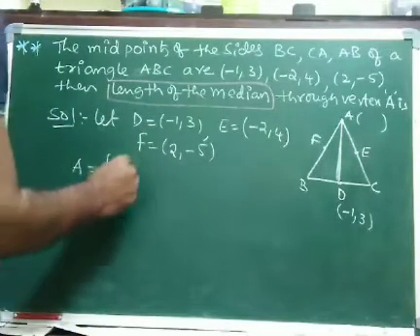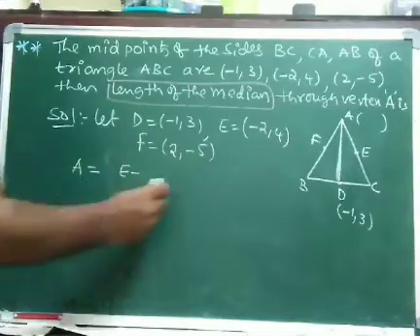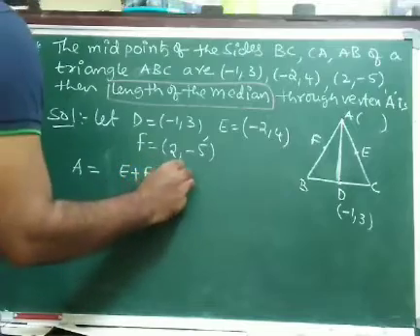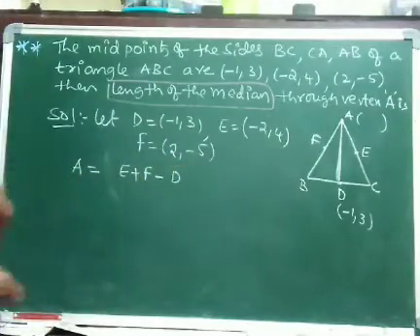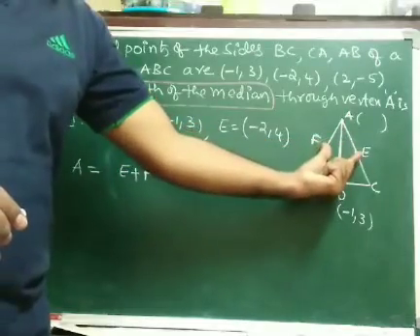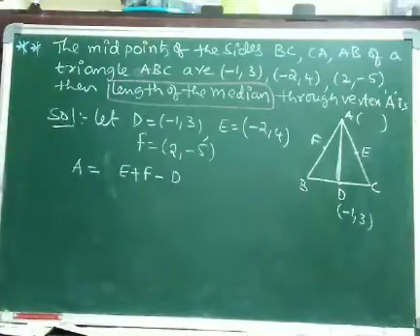I mean E plus A is equal to the sum of the adjacent, that is capital E plus capital F, minus capital D. The sum of the x coordinates of the adjacent points, and the opposite point should be subtracted.